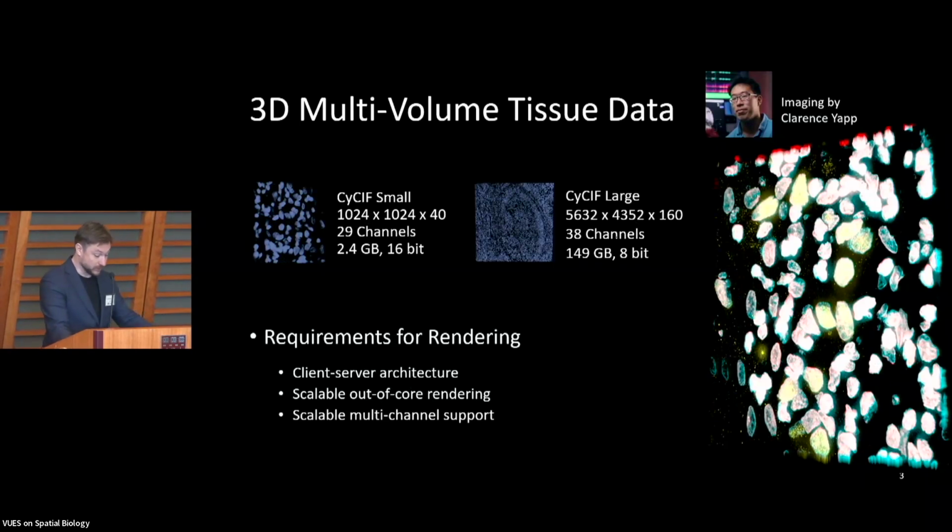First of all, we would like to have out-of-core rendering, where we do not have all the data in memory, but just load on demand what we currently render given our viewport. And then we also want multi-channel support, because the high computational cost of raycasting grows with the number of channels. So we want to be scalable in that sense.